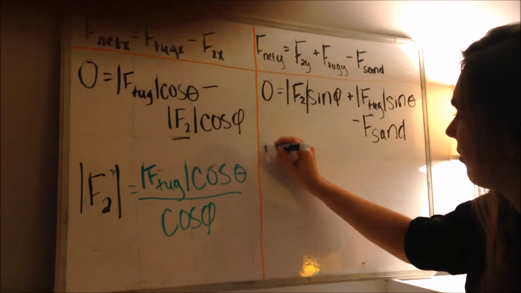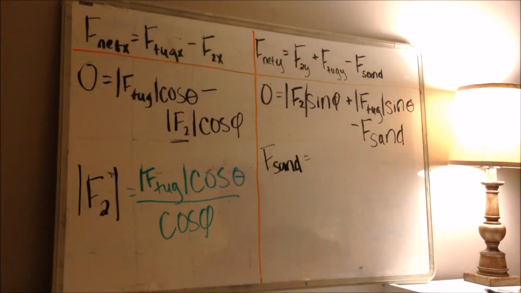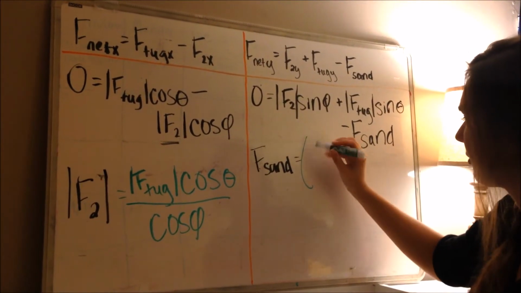So when we do that, we get F sand will equal all of this fun stuff that we found earlier.